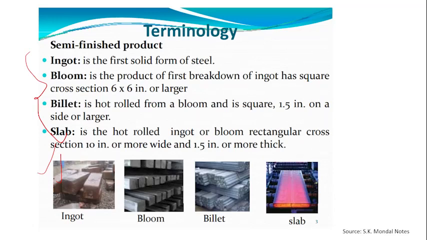Ingot is the first solid form of steel. Then according to their dimensions, we have divided these into ingot, bloom, billet and slab. You may see these terms in questions, like there is one billet and we rolled it, or one slab was there and we rolled it.